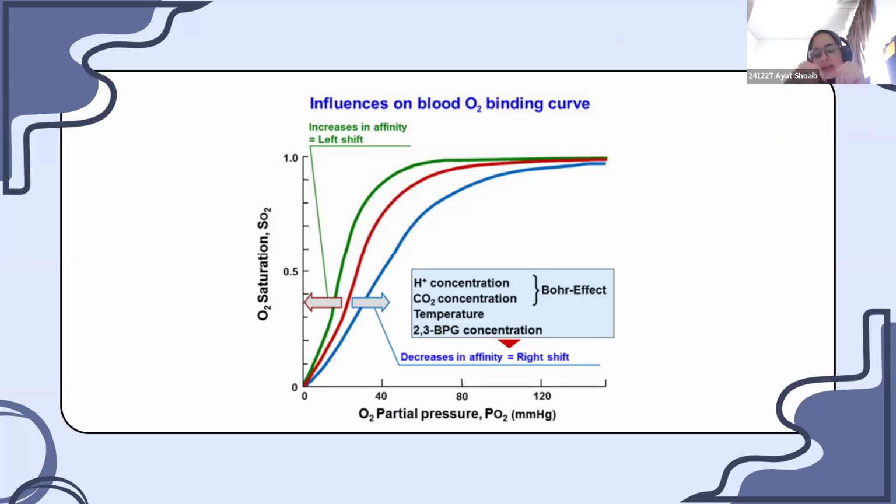So you're going to decrease the affinity, and again, decreased affinity goes right. You're going to decrease the affinity so you can have more oxygen go into your tissues so that your muscles, under strenuous exercise, can use the oxygen.